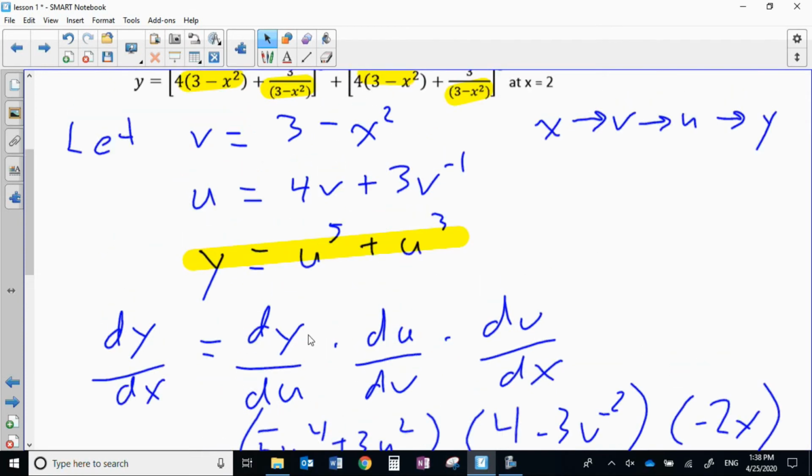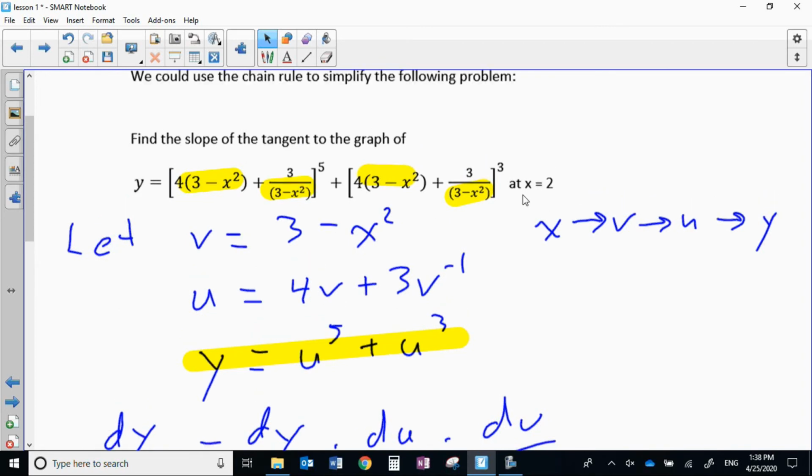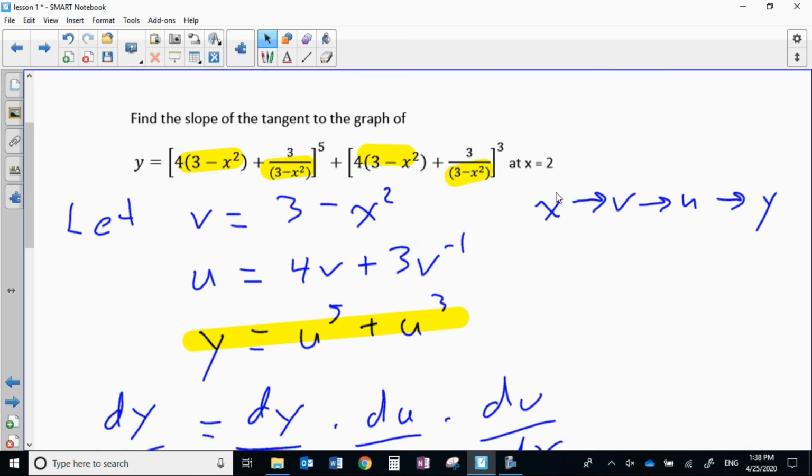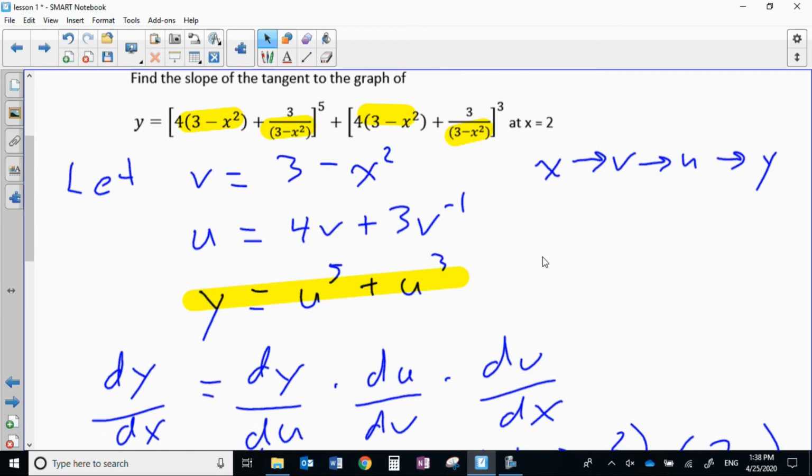Okay, now we are looking for the slope of the tangent to the graph at x equals 2. Well, when x equals 2, we should notice that means that v is going to be equal to 3 minus 2 squared, which is -1. And u will be equal to -7 if you look at that.